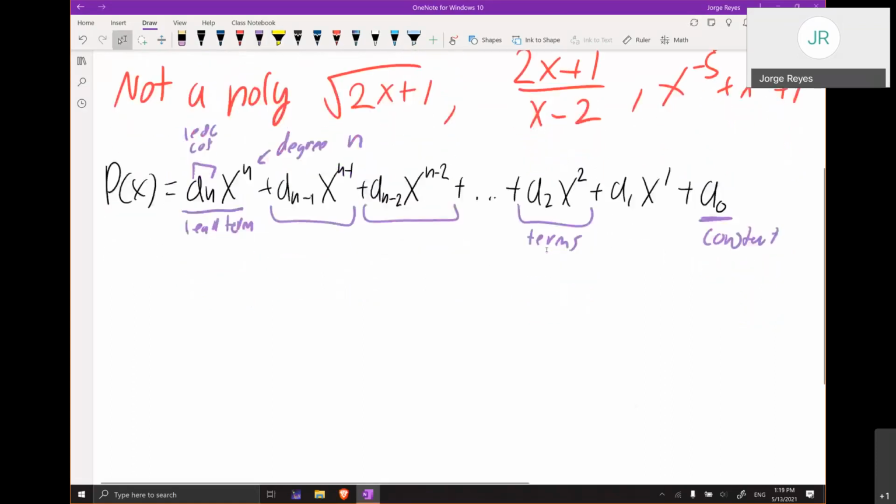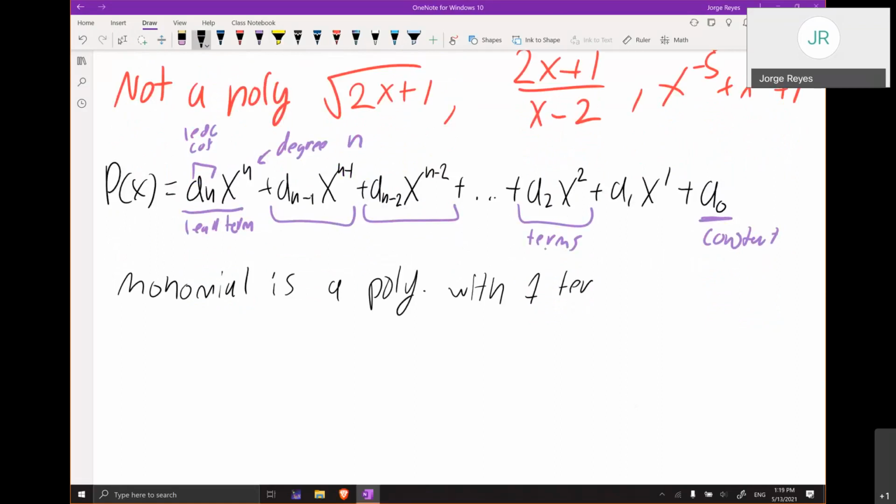And then we have special names for them. Again, you could read your textbook on this, but it's not very important. A monomial, okay, a monomial is a polynomial with one term. So like x, or like 2x cubed.